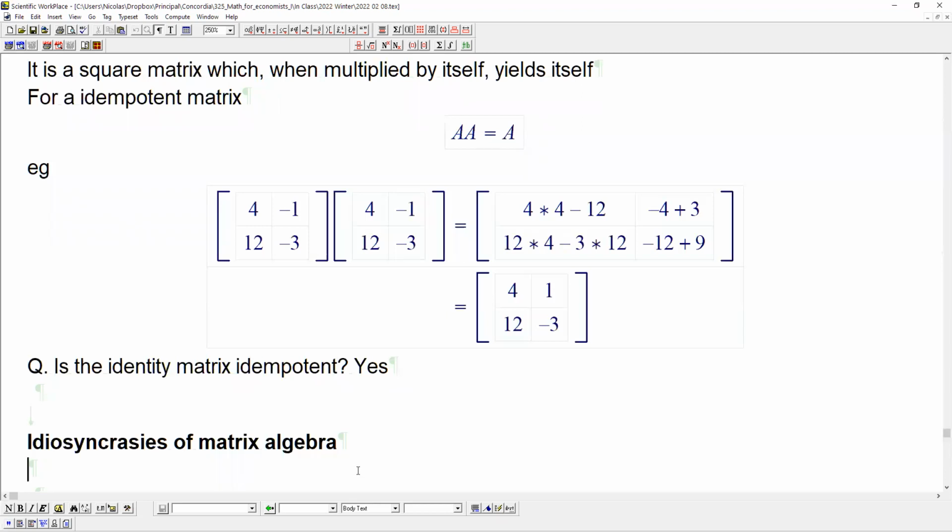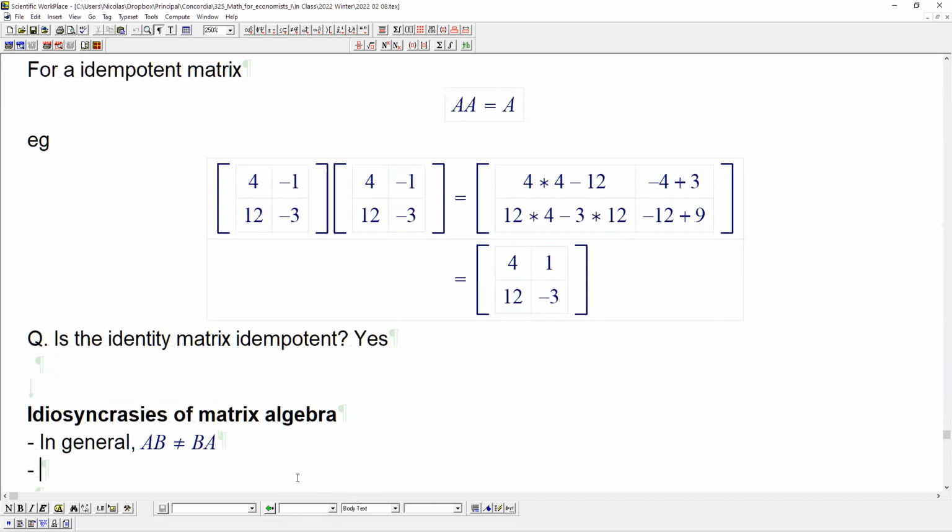So in general, AB isn't the same as BA. We have seen this before. But as we know, in scalar algebra, AB equals BA.